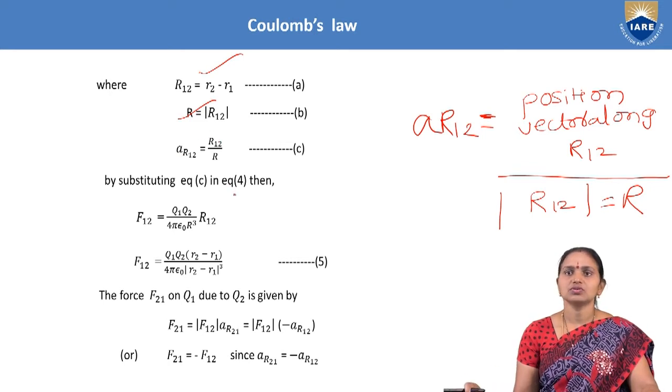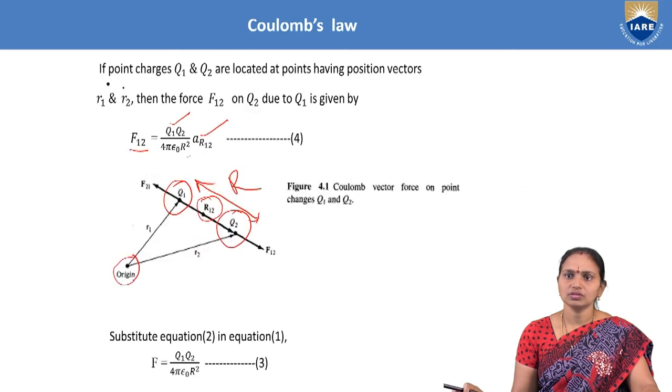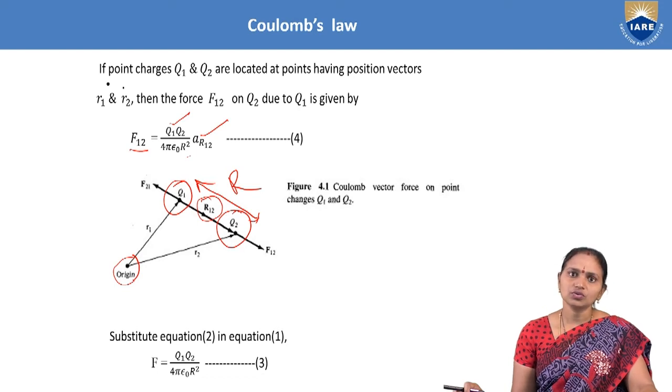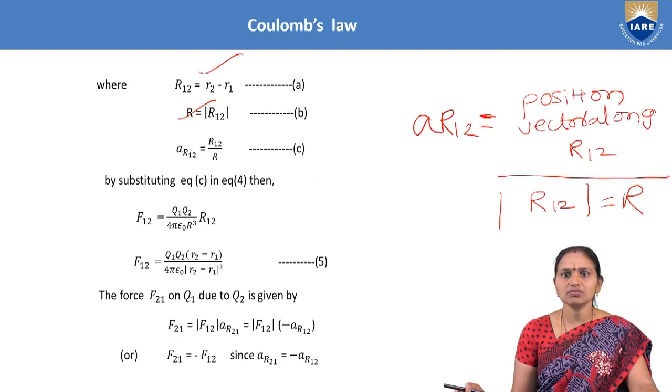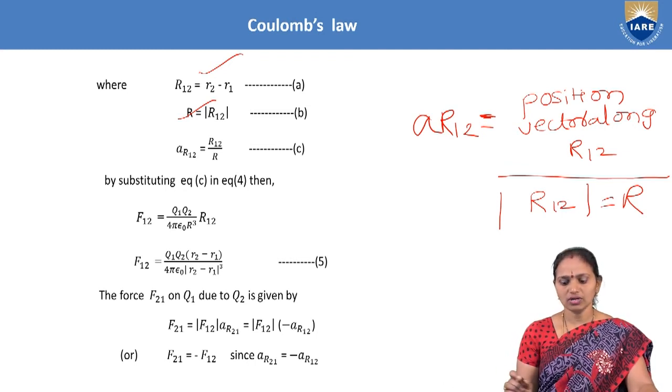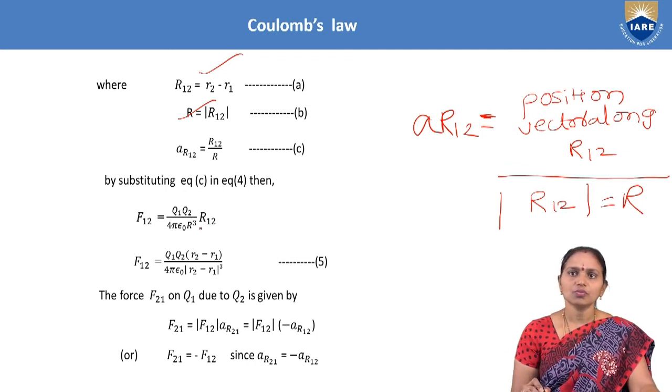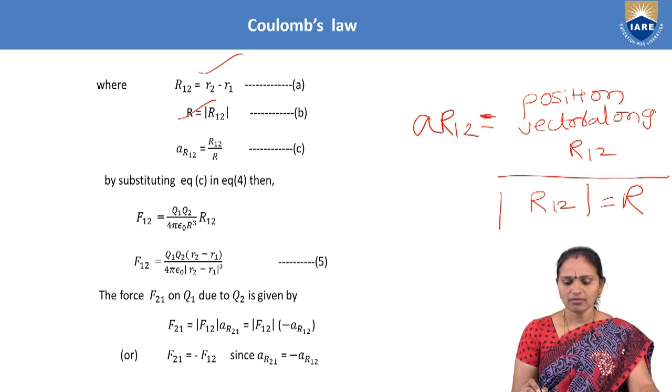Now we have to substitute this in equation 4. Equation 4 is F12, the force on Q2 due to Q1, equal to Q1 Q2 by 4 pi epsilon naught R square into AR12. By substituting AR12 in equation 4, the final equation is F12 equal to Q1 Q2 by 4 pi epsilon naught into R12 by R cube.